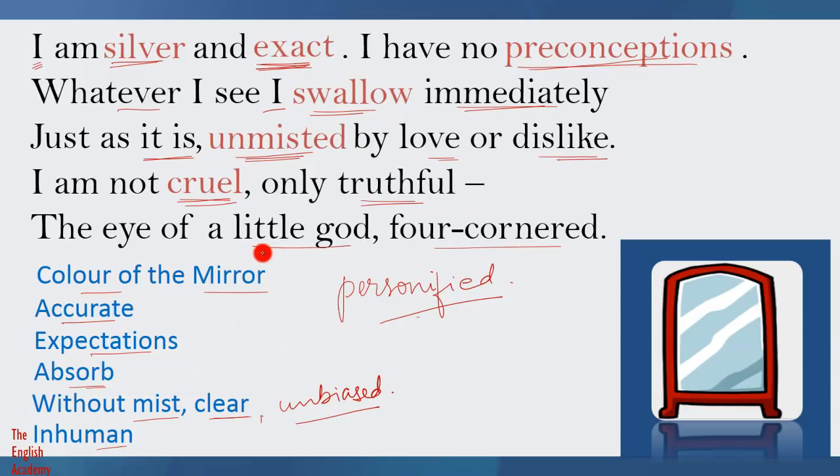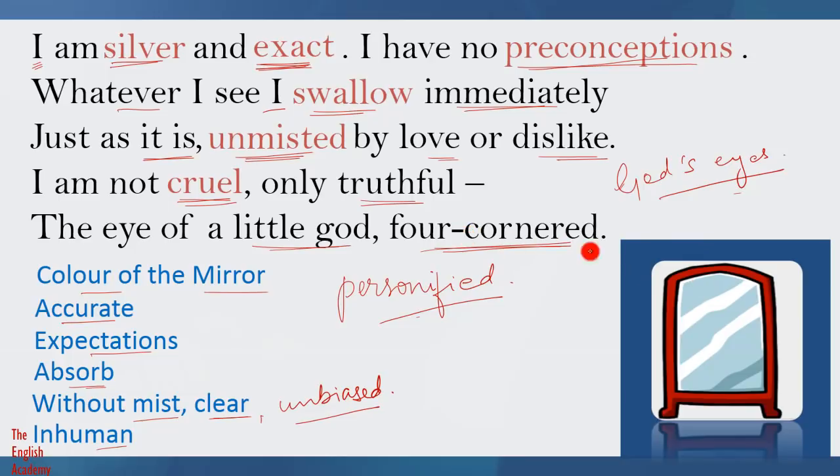And then the mirror says, the eye of a little god, four-cornered. Now here, the mirror is comparing itself to God's eyes. The mirror says, just like God is unbiased, God treats everyone the same way. God looks upon all the things in the same way. He treats everyone equal. Just like that, the mirror says, I am also very true, unbiased, and I treat everyone the same. And then the mirror says, four-cornered.